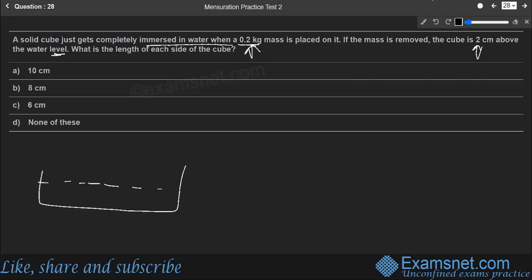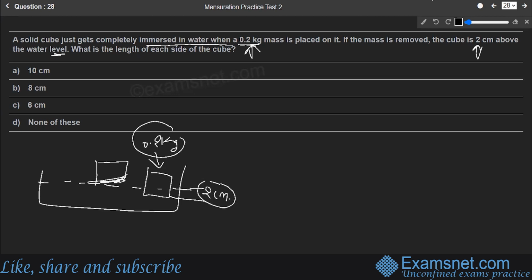When there is no weight placed, the cube floats above the water, but whenever a weight of 0.2 kg is placed over it, the cube is immersed inside the water, and when it is removed, it is 2 centimeter above the water level. So the depth to which the cube goes down when the 0.2 kg weight is placed is 2 centimeters.